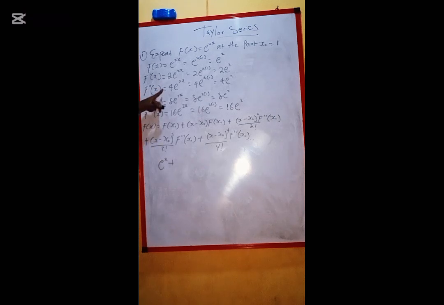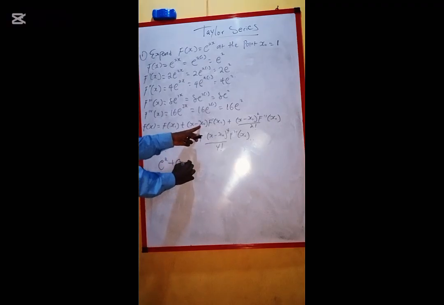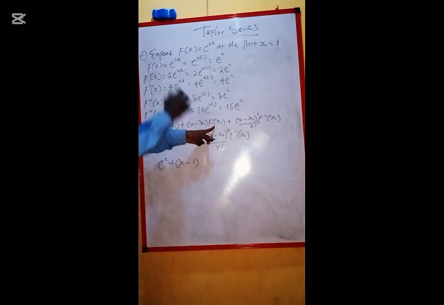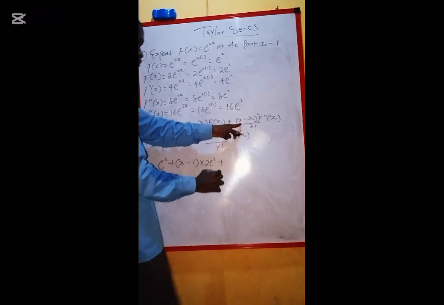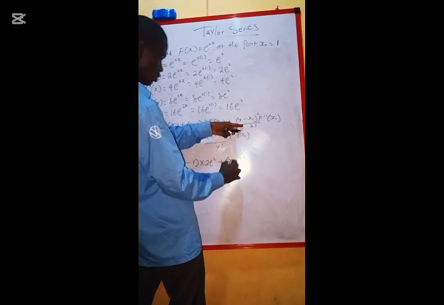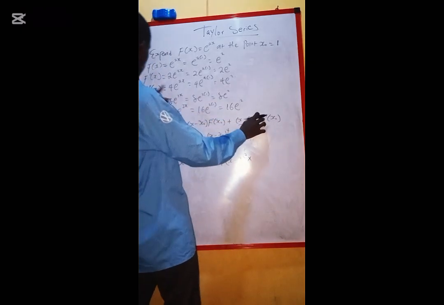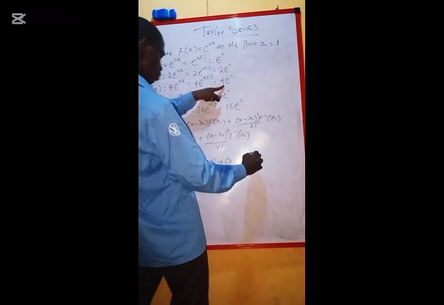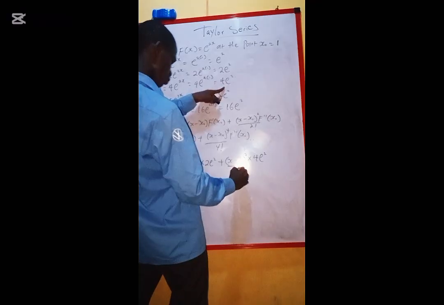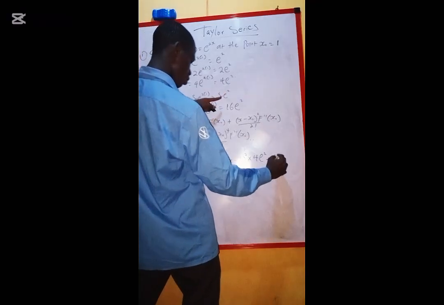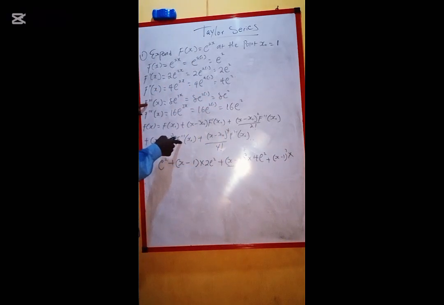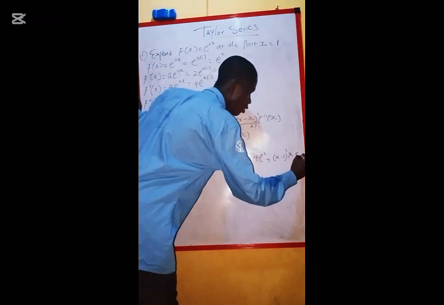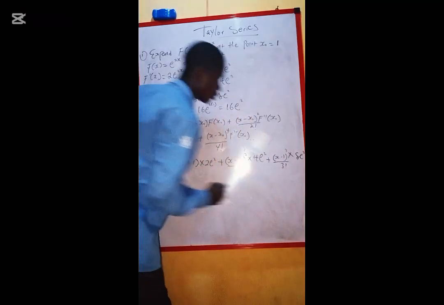Then for this one, f of x is what? e to the power 2, times 2e to the power 2 plus the next one, (x minus 1) squared times 2 times 2 is what? 4e squared, 4e squared over 2 factorial, plus (x minus 1) cubed times, for the third one, what is it? 8e squared over 3 factorial.